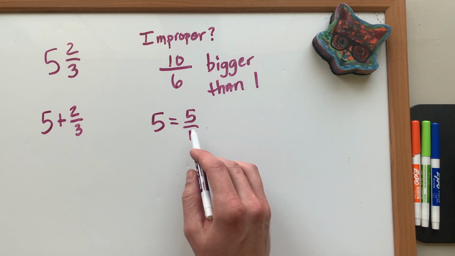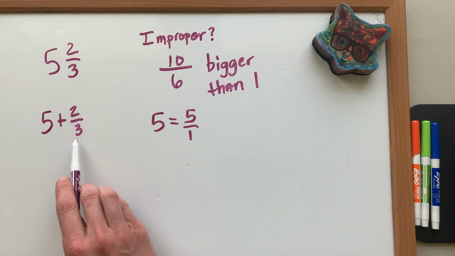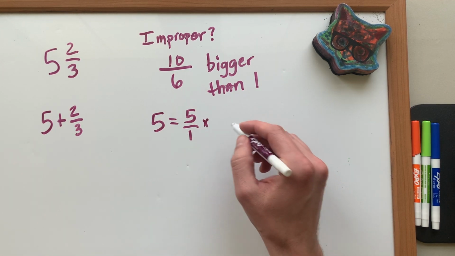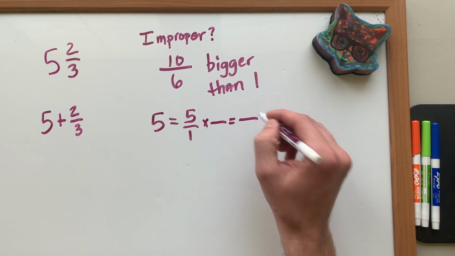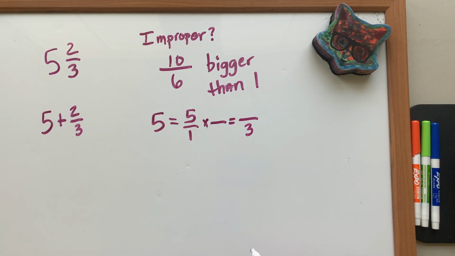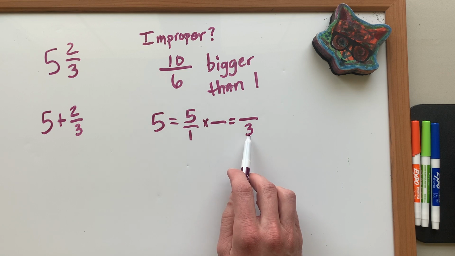So what I want to do is I want to rewrite 5 as a fraction that has 3 for a denominator. So I'm going to take 5/1, I'm going to multiply it by something, a special 1, that gives me a new denominator of 3. Well, what would you multiply by 1 to get 3?